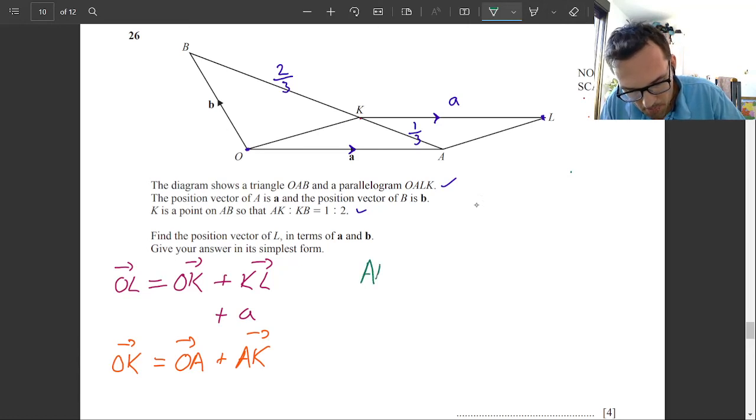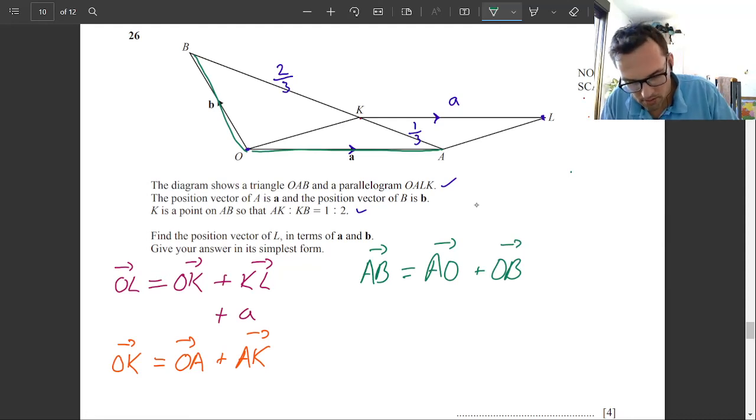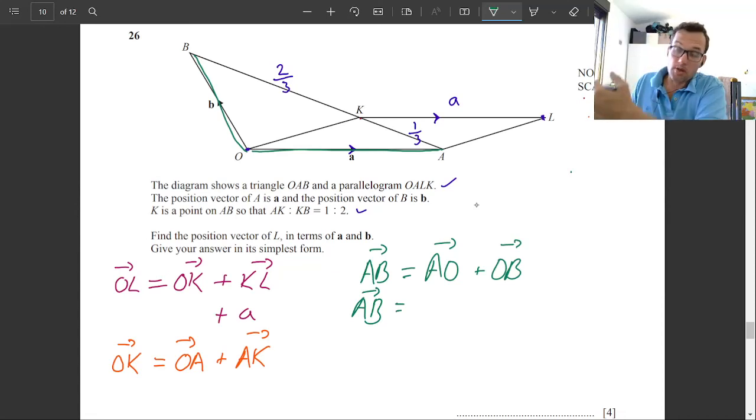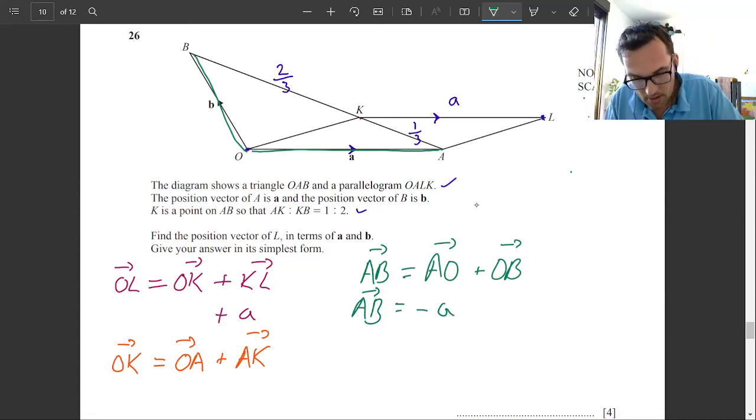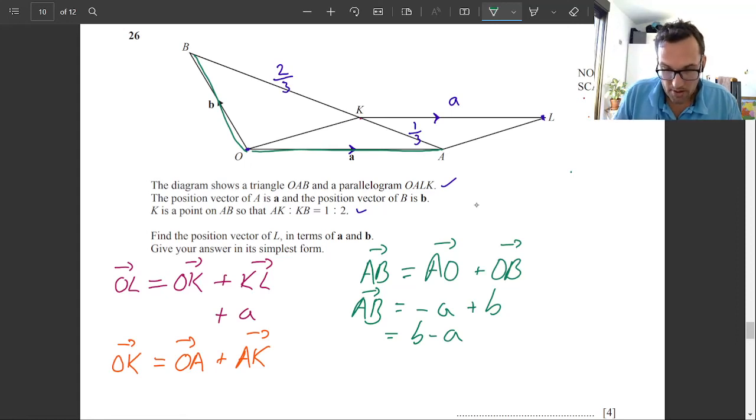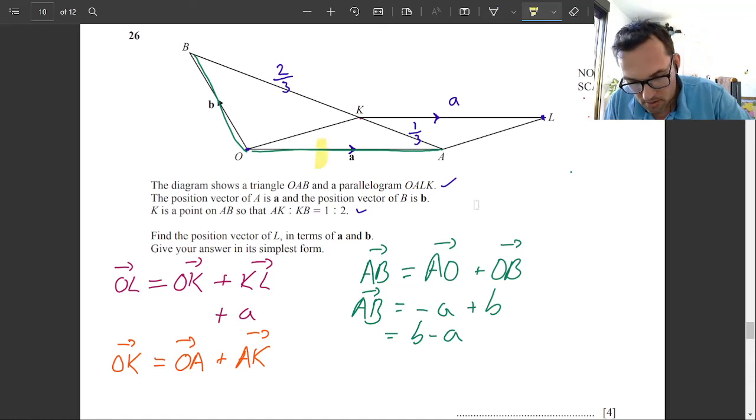AB will be from A to O, and then from O to B. That's alright, because from A to O is in the opposite direction of A, so that's negative A, and from O to B is B. Great, and we can swap them around to make it look nice: minus A plus B, or B minus A. So we have AB.